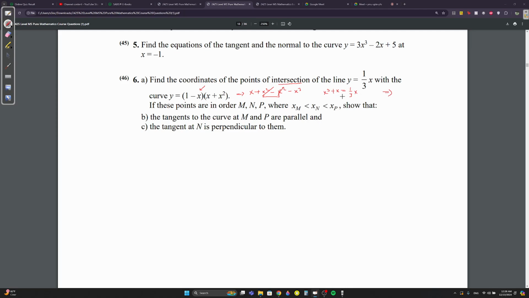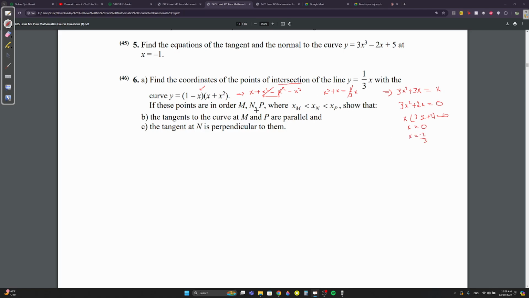So we're going to get 3x cubed plus 3x equals x. Since we're multiplying by 3, the 3 cancels 1/3 x. You can get 3x cubed plus 2x equals 0. What do you do? You take x out, you're gonna get 3x plus 2 equals 0. So you get x equals 0, x equals -2/3.